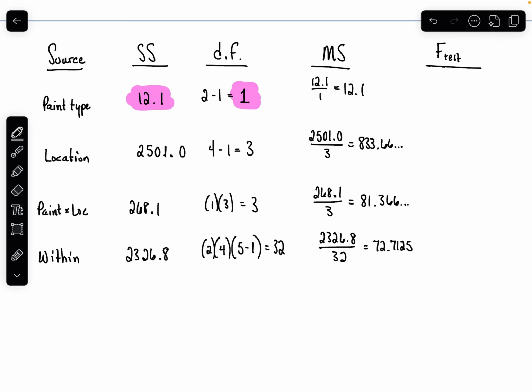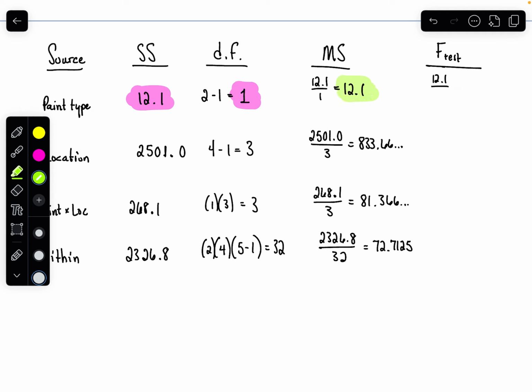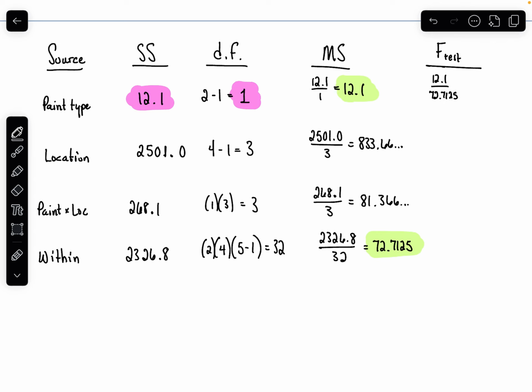Our test statistic for the factor of paint type is going to come from our mean squares value, which is 12.1, divided by the mean squares within. So in this case, we're taking the mean squares of the factors divided by the mean squares within. So 12.1 over 72.7125.